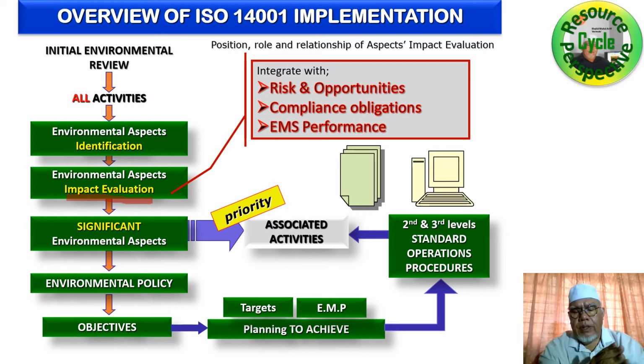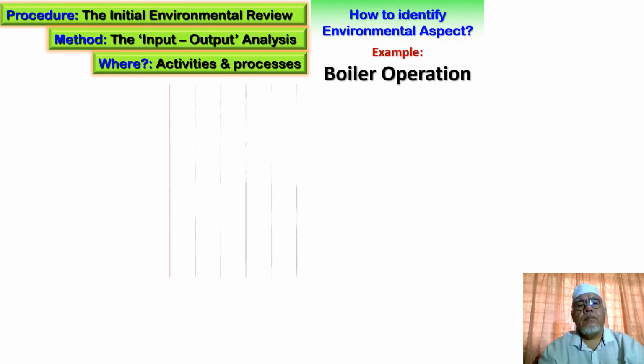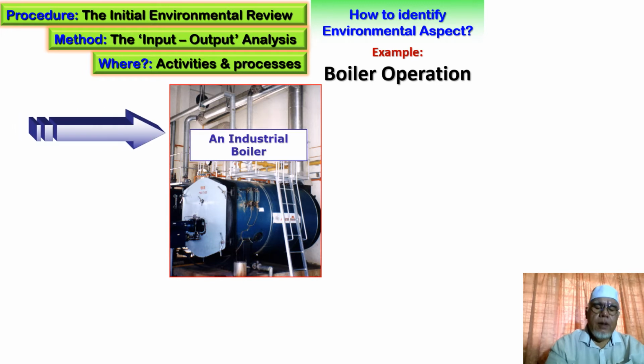Of course during this test there were some adjustments, and finally it has arrived at what we have right now that I'm able to share with you. So remember this: targets and environmental management program is a subset belonging to planning, as stipulated in ISO 14001 version 2015.